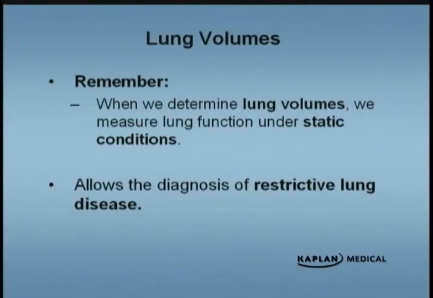So their total lung capacity is increased, their residual volume is increased. This is what we see on the chest x-ray with the flattened diaphragms, the big hyperinflated lungs. So really, when we measure lung volumes, I'm looking for restrictive lung disease, but a lot of times when they're supernormal, above normal, they point towards obstructive diseases. I want people to understand that.